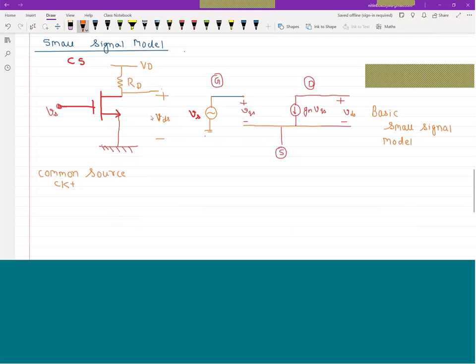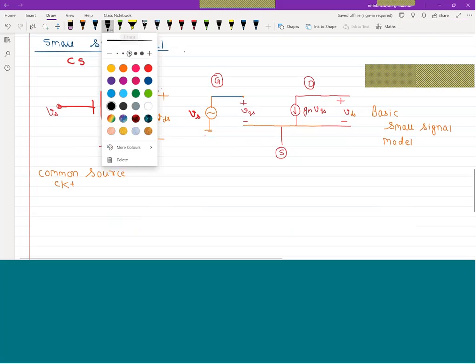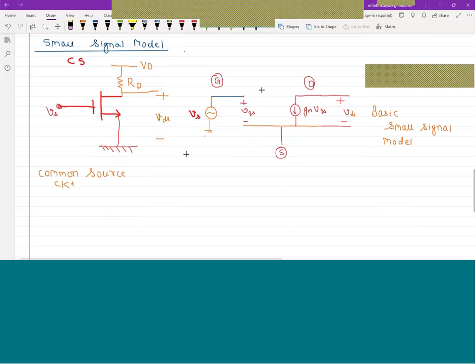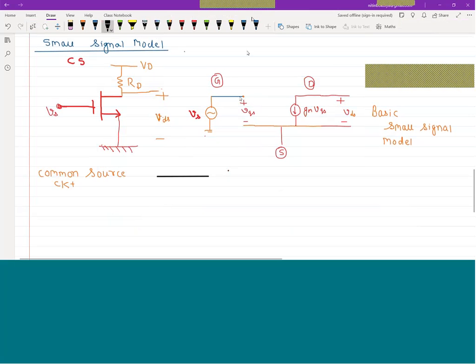Let's draw this again. This is our source terminal. This is connected to ground.